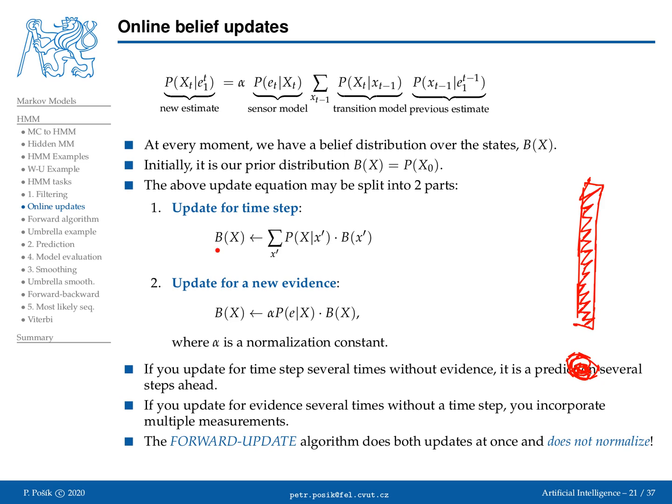This is the update for one time step where you use the transition model, and this is the update for new evidence, when you have your predicted state and your current observation, to get the final belief over the hidden states.